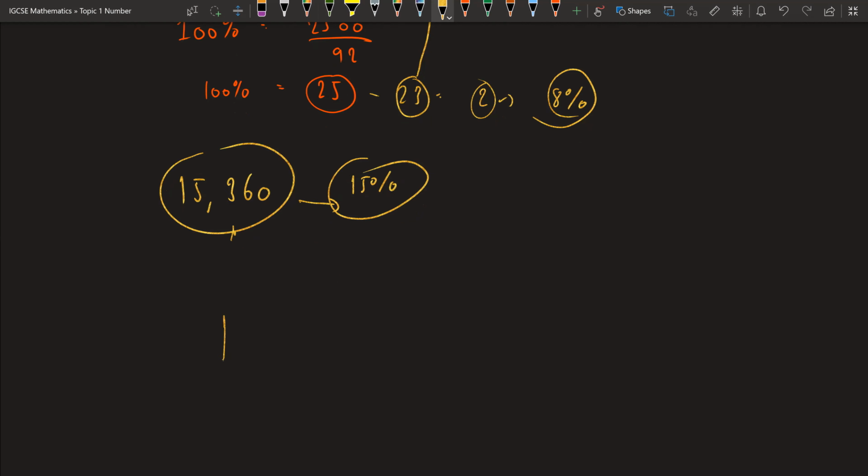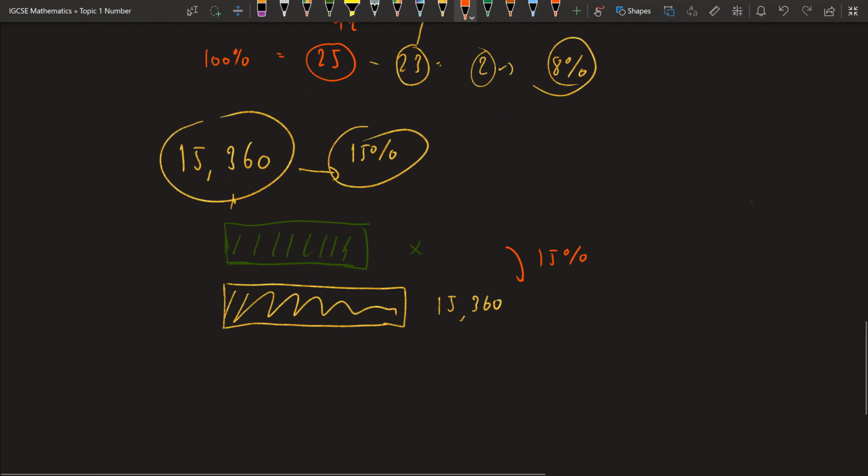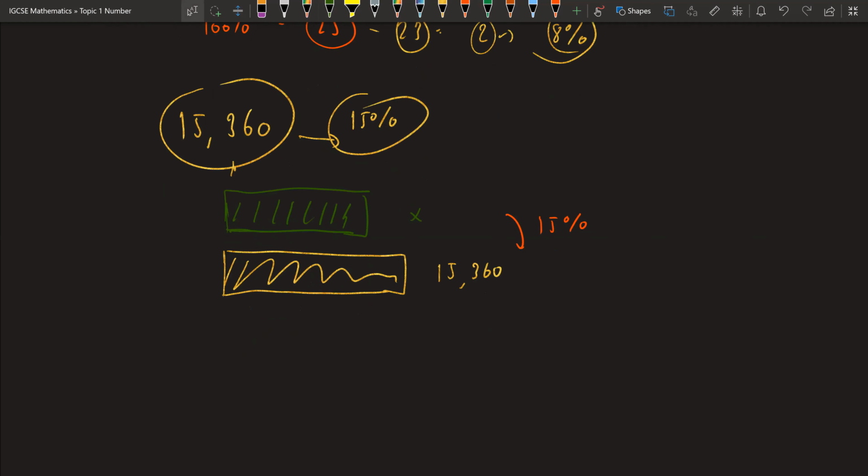So let's say this amount is 15,360, and the original amount is equal to something. Let's call that X. The increase is of 15%, right? So there's an increase here of 15%.